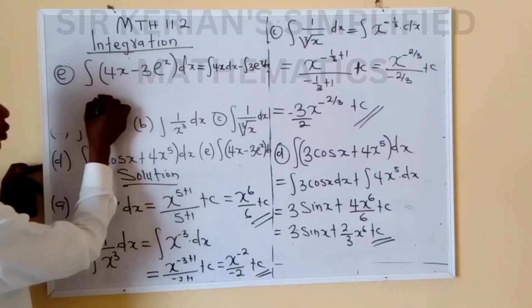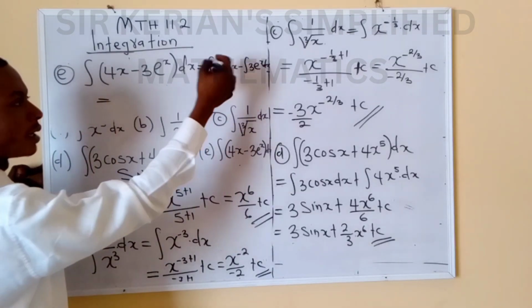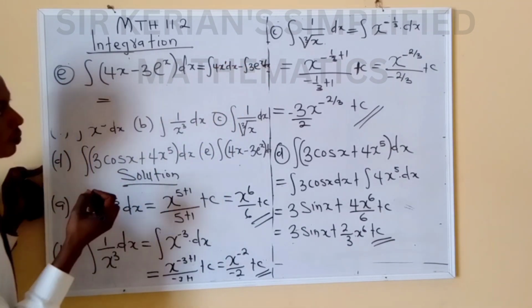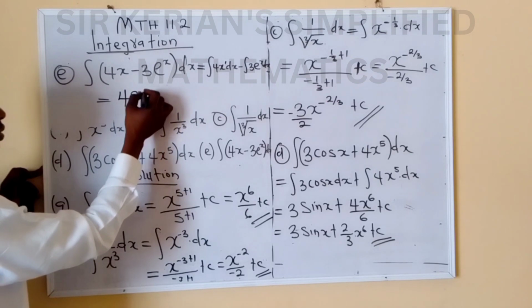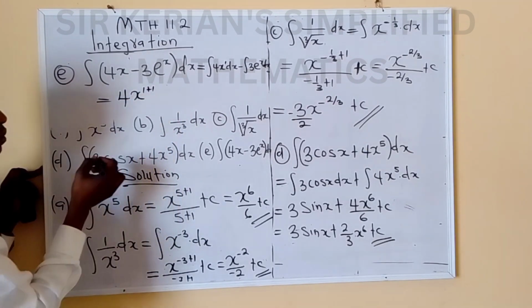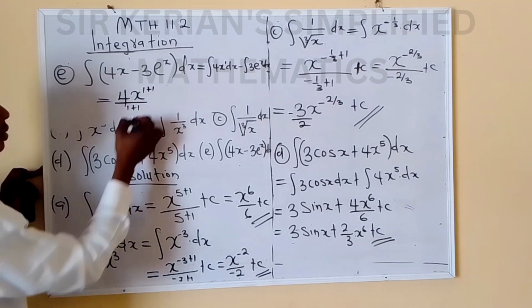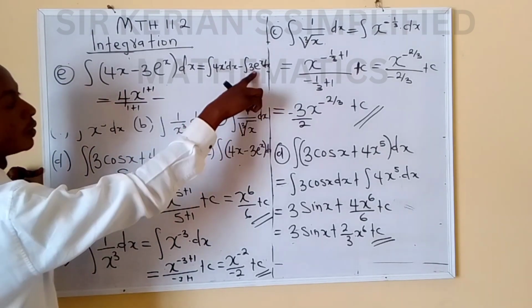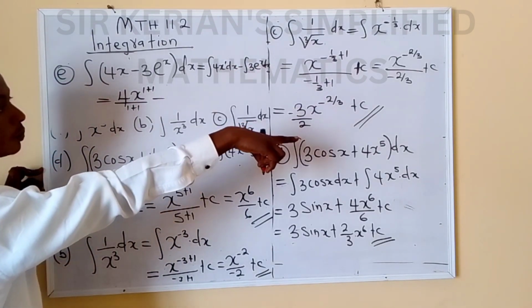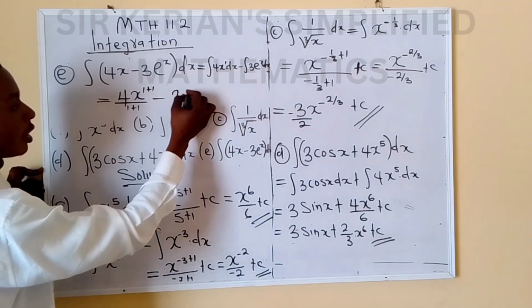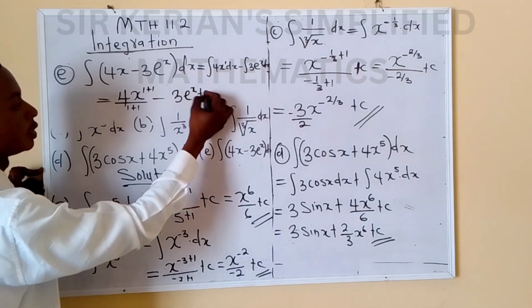So our solution will be equal to, just know that the x there is carrying 1. That means it will be, if you integrate it will be 4x. You add the powers. Add 1 to the power divided by the entire power. If you integrate exponential x, it is still exponential x from the table I gave to you. That means you have 3 exponential x plus c.